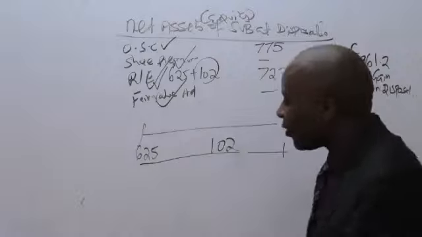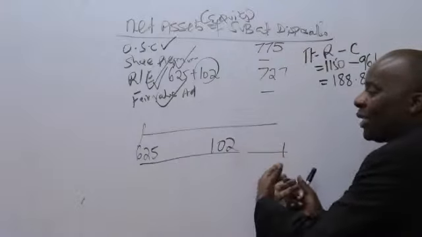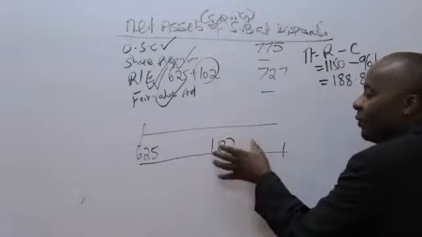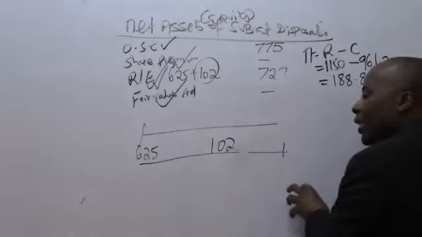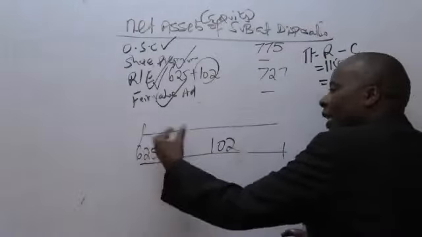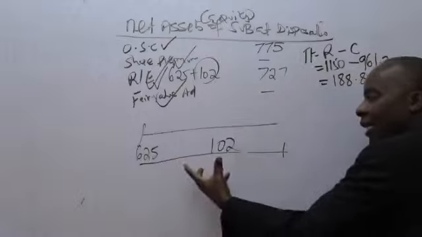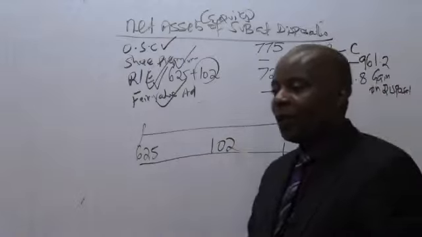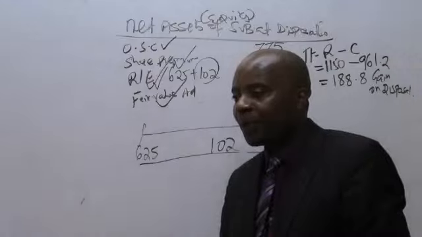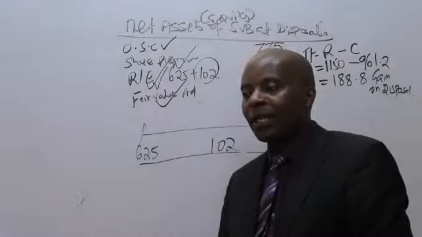So by the end of the year, what will be the total retained earnings? Remember, these guys never paid any dividend. So at the end of the year, it will be 625 that it came with, plus the 102 which has been retained to become part of that. So I don't know whether, Mary, we are together there. Great.